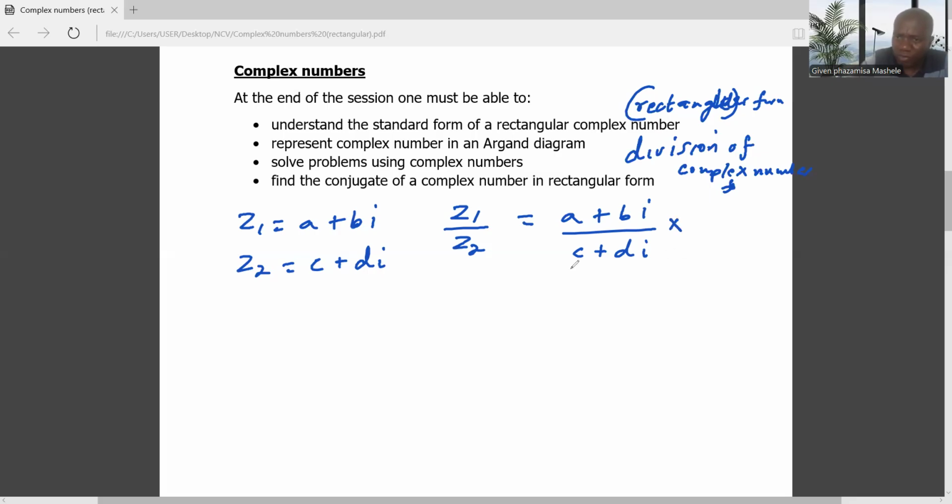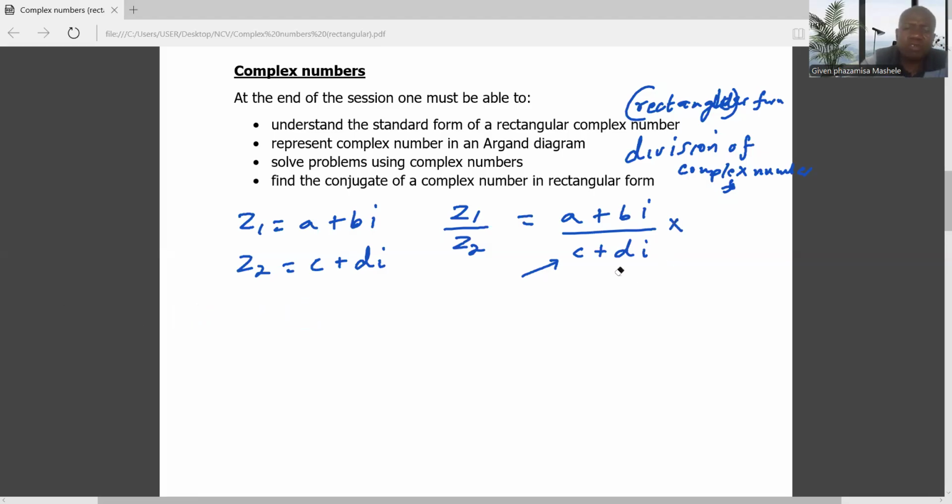We have to look at the denominator, ladies and gentlemen. We know that when we take a complex number and multiply by its conjugate, the value always becomes a real value. So all the time, we need to make sure that the denominator gives us a real value.